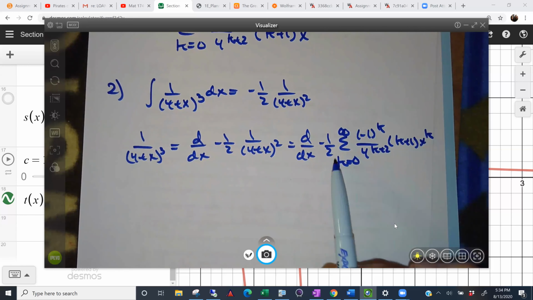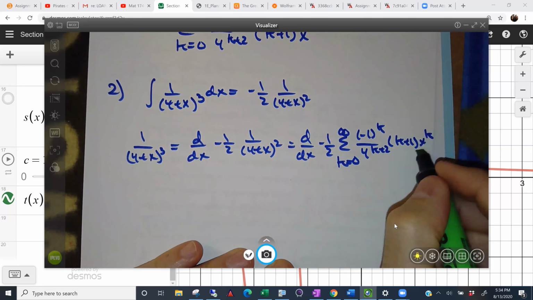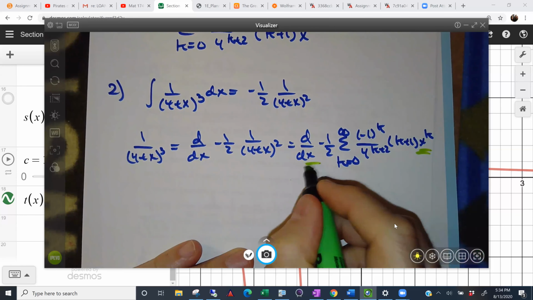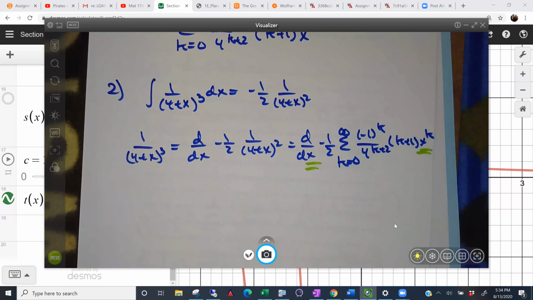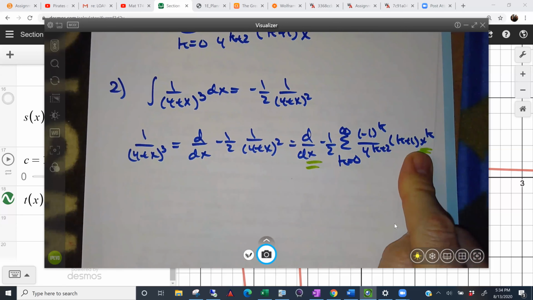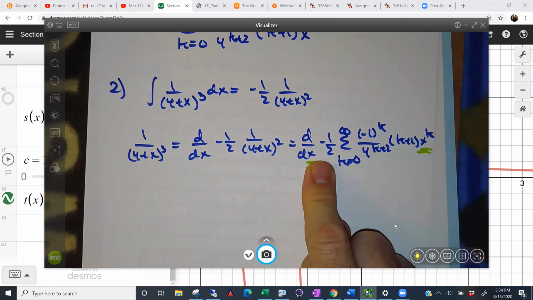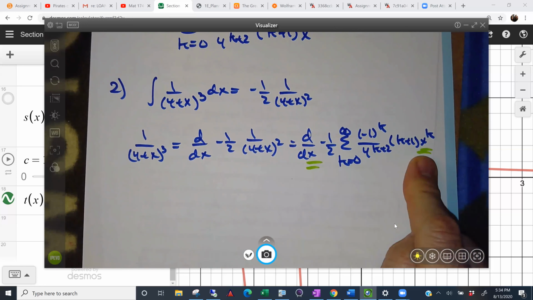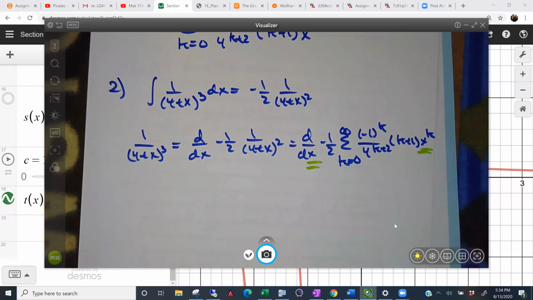The good news, if you're looking at this and going, oh my God, how am I going to differentiate that? The good news is that there's really only one term you got to pay attention to, and it's right here, because we're differentiating with respect to x. So we can move the derivative all the way here. It's like being in Monopoly, right? Fast forward, token to go. That's where we're going to go, right there.